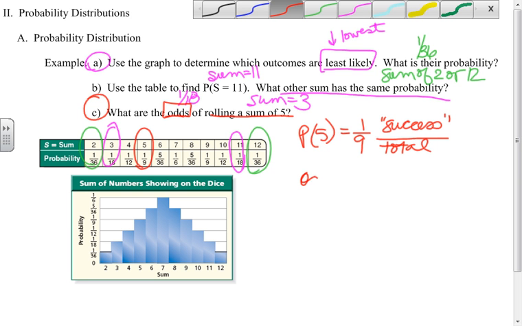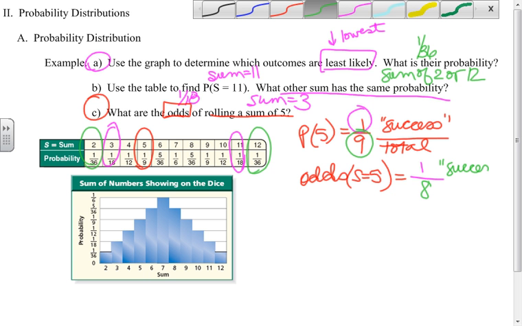So if I want the odds of a sum equaling 5, then it happening is still my success, but how many times doesn't it happen? 9 minus 1, it doesn't happen 8 times. So this is my success of rolling a sum of 5, and this is my unsuccessful, my failure of rolling something other than a sum of 5. And that is it for the 12-3 lesson.